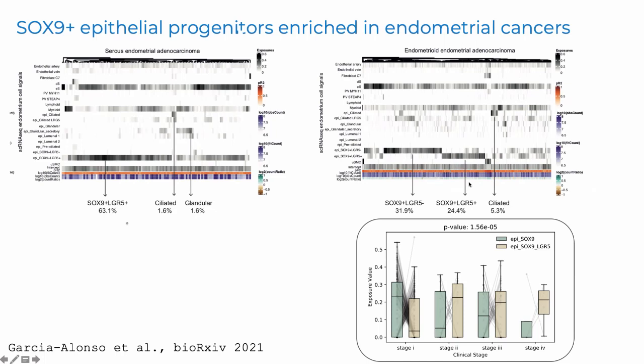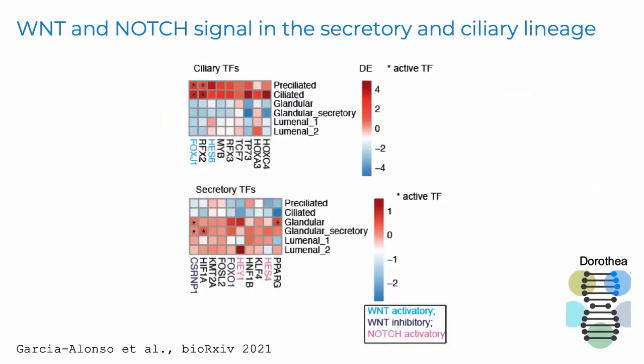And actually, the ones that are LGR5 positive correlate with more advanced stages of this cancer. So with that, I'm just highlighting how these pathologies are enriched in the progenitors.